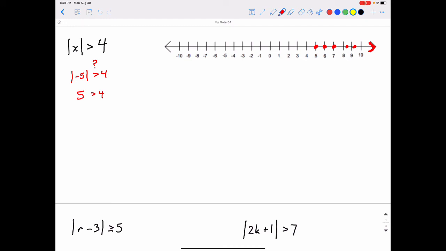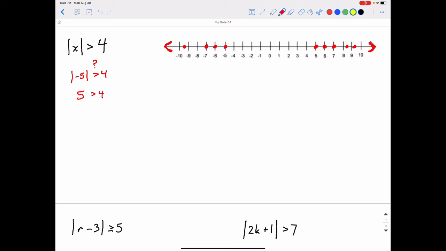So negative 5 actually has an absolute value that's greater than 4, as does negative 6, because the absolute value of negative 6 is 6, and that's greater than 4. And negative 7 and negative 9.5 and all those fractions and decimals and numbers to the left of negative 10. They all have absolute values that are greater than 4.